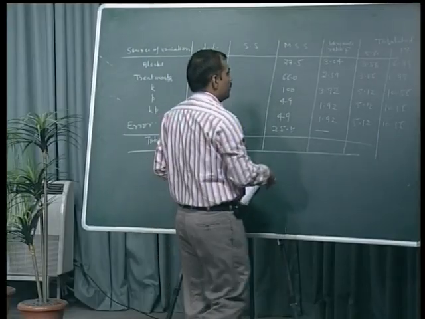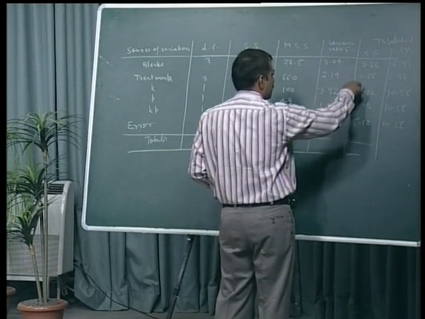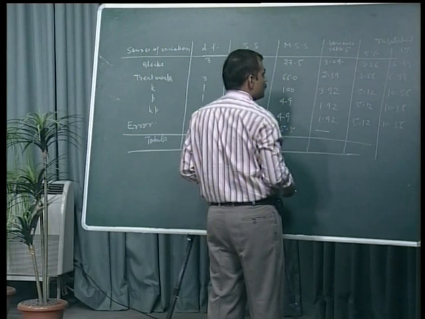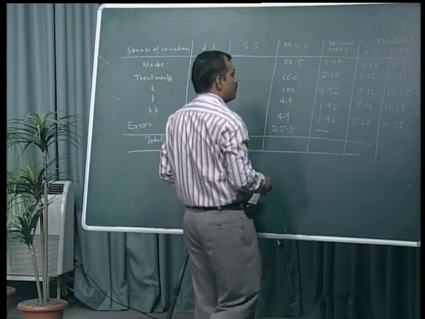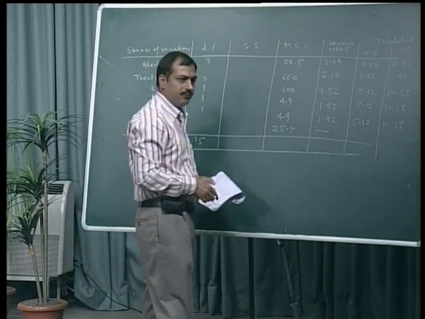Now in all the cases the calculated F is less than the tabulated value of F at 5% or 1% level of significance.